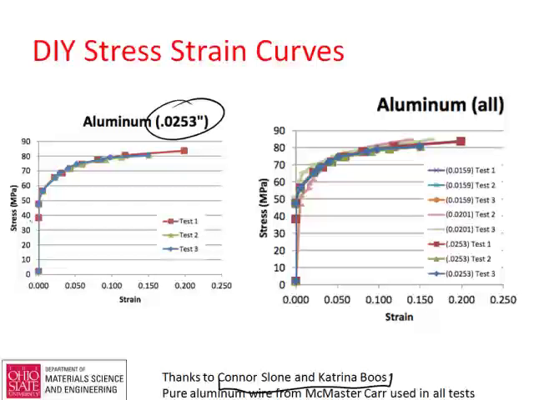So they kept increasing the stress, measured the strain, did this with 3 different replicates, found it to be very reproducible, and we could put this into stress. Again, this is megapascals, which is millions of newtons per square meter.